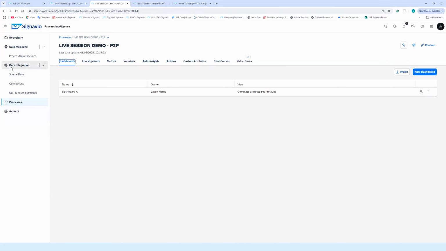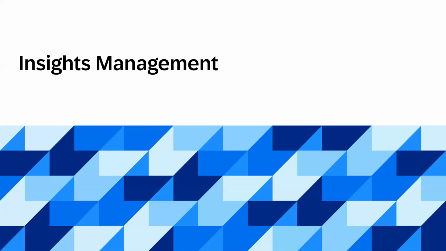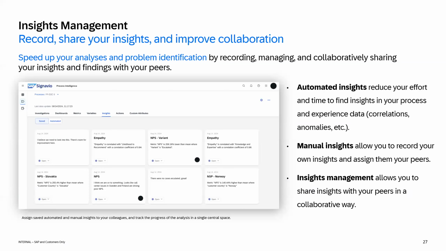Okay, so let's go back to the slides for just a moment. Let's look at the live insights, insights management, etc. So insights, this is where you can have some communication back and forth with some of your teammates, or you can assign different tasks to someone by using our insight ability here.